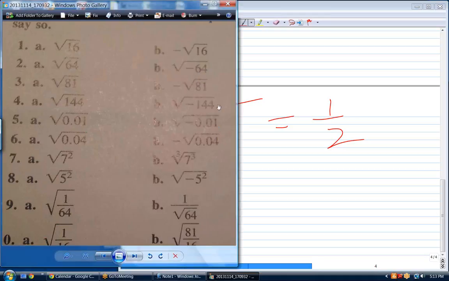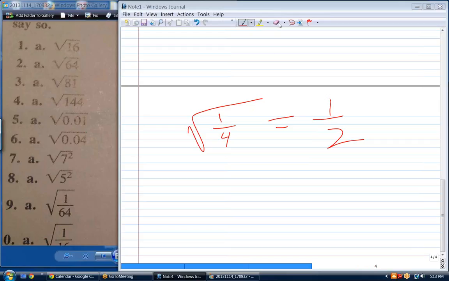So when we look at the square root of 0.04, the negative sign is not any kind of a problem. The square root of 0.04 has to be a number bigger than 0.04. Well, what's the square root of 4? 2. So let's try 0.2. Does that work? What's 0.2 times 0.2? 0.04.